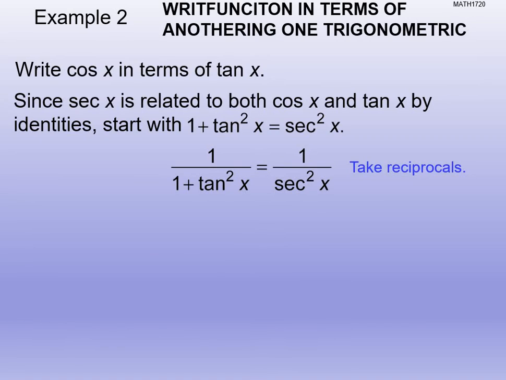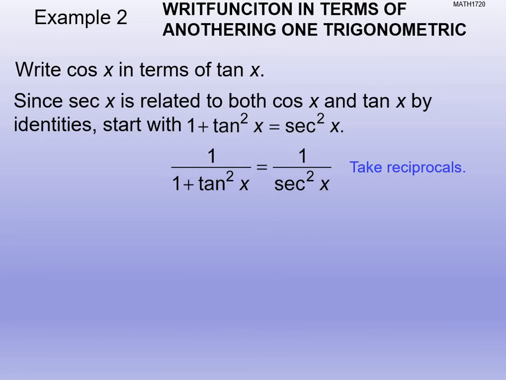So I'm going to use the reciprocal identity. So what I do to one side, I do to the other. The reason we're rewriting both of these as 1 over each is because 1 over secant squared is equal to cosine squared. You don't have to do 1 over right away, but eventually you will have to, because when you rewrite secant squared, it becomes 1 over cosine squared.